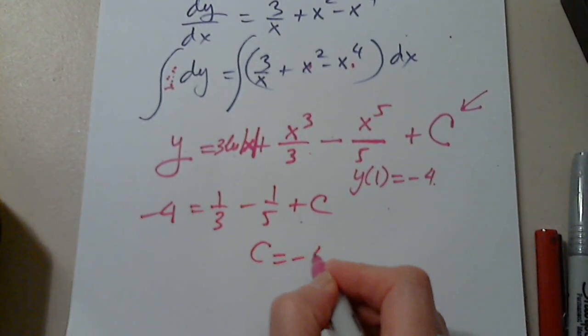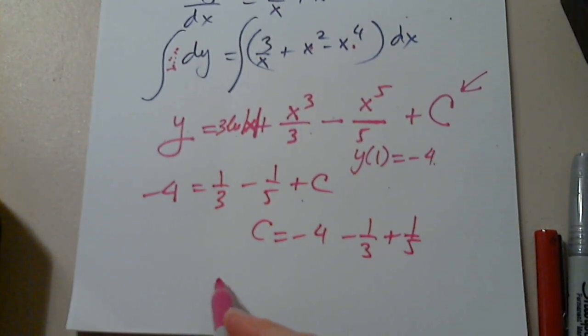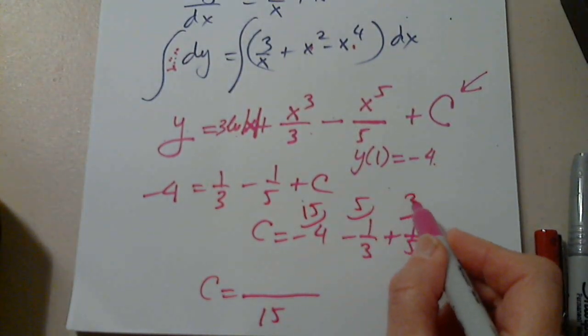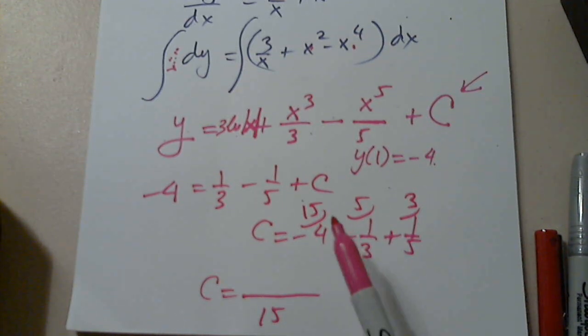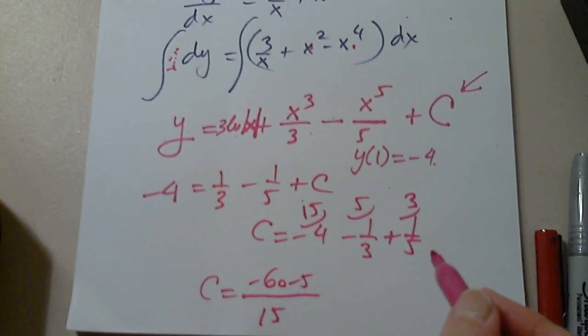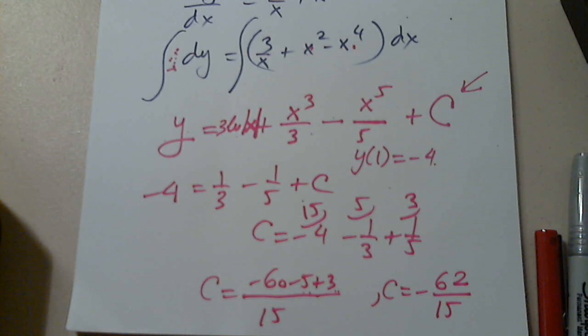So then c equals -4 minus 1/3 plus 1/5. I find that the least common denominator is 15. This one needs a 15, this one needs a 5, and this one needs a 3. So I think that this is negative 60, and then minus 5, and then plus 3. So this is negative 62, so c equals negative 62 over 15.